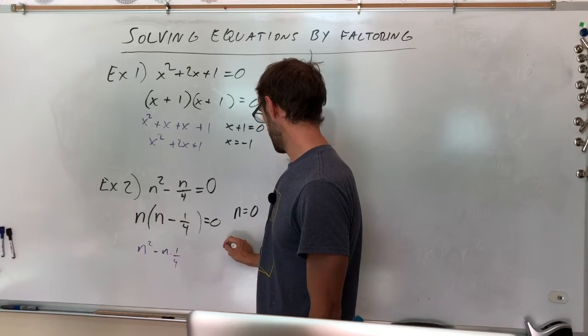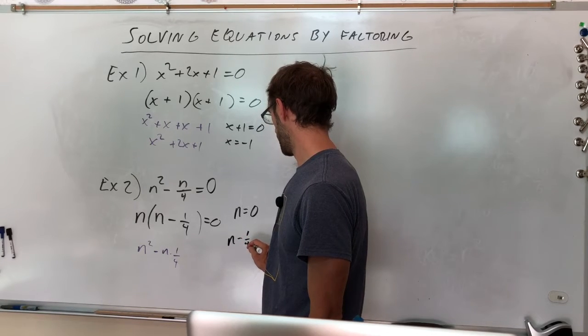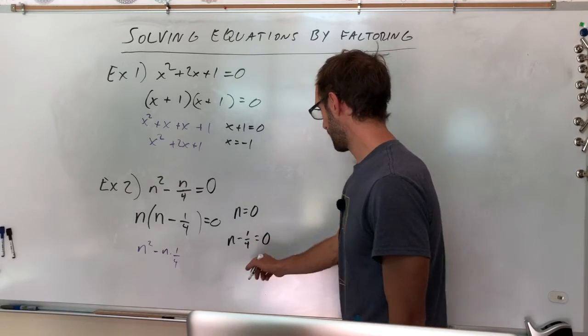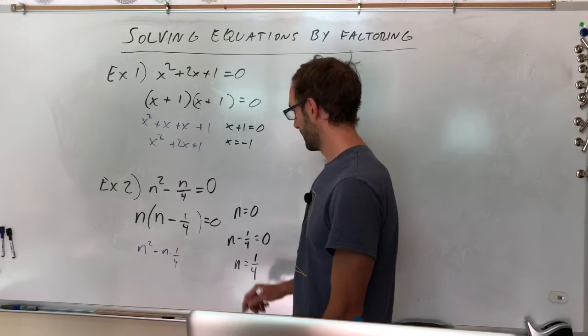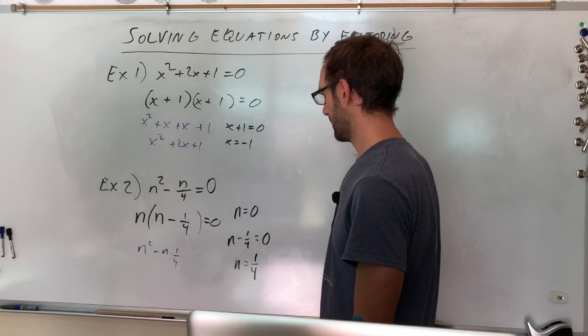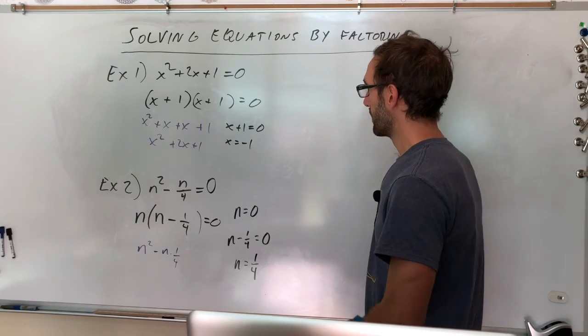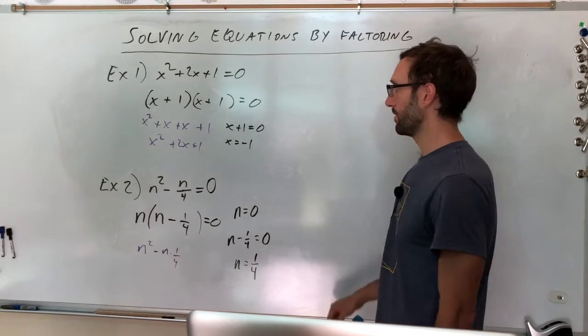And then n minus 1/4 equals 0. So let's see, add the quarters, so then n would be 1/4. Oh, look at that. All right, pretty nifty. Okay, so those are our two solutions. Great. Let me see about putting up two others, and then we'll try those.